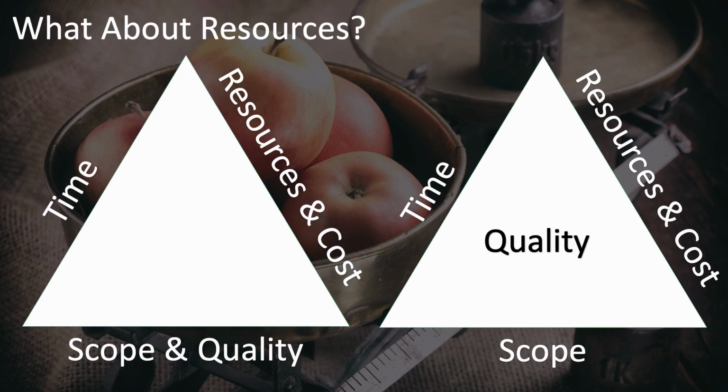But we still have this same problem we had with the other triangles. Increases in scope don't increase quality, they tend to decrease it if nothing else has changed. And we still have resources and cost grouped together. So neither of these two triangles adequately captures these relationships among all of these project constraints.